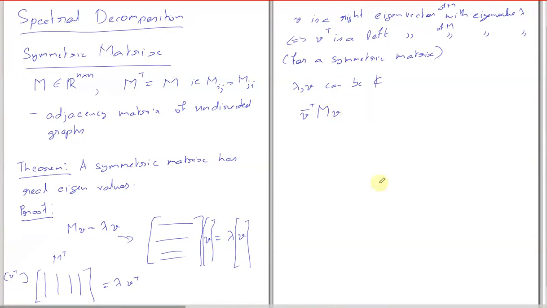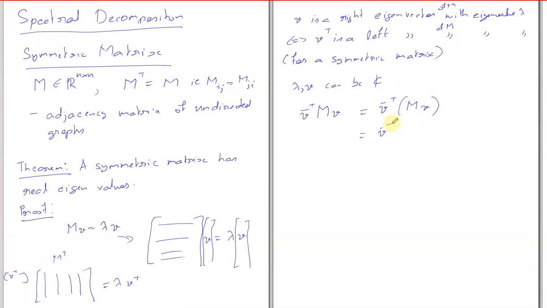Let me now expand it in two different ways. We can write this as lambda times V, so this is going to be lambda times V bar transpose V. And what is this quantity?